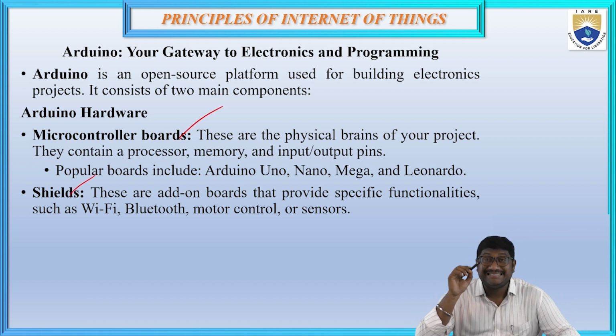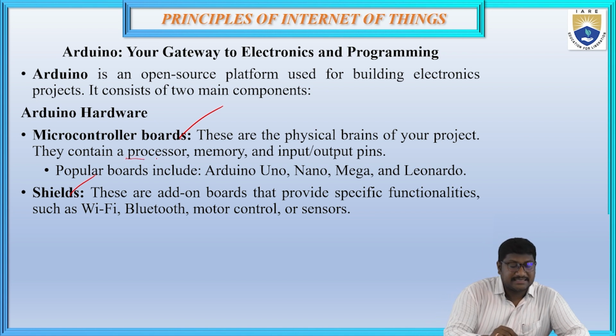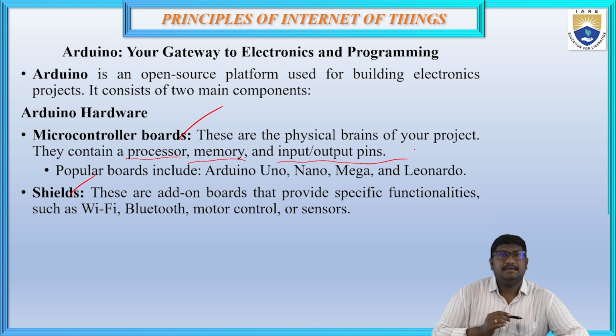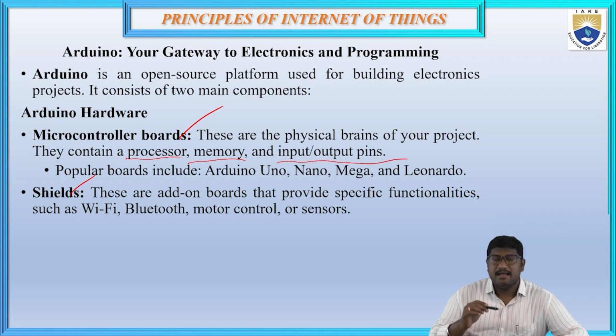Microcontroller boards are the physical brains of your project, which contain a processor, memory, and input and output pins. See here, it contains a processor, memory, input and output pins. And coming to popular boards, which include Arduino Uno, Arduino Nano, Arduino Mega, Arduino Linux.